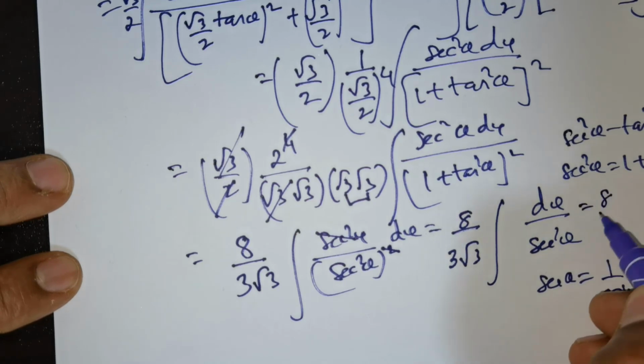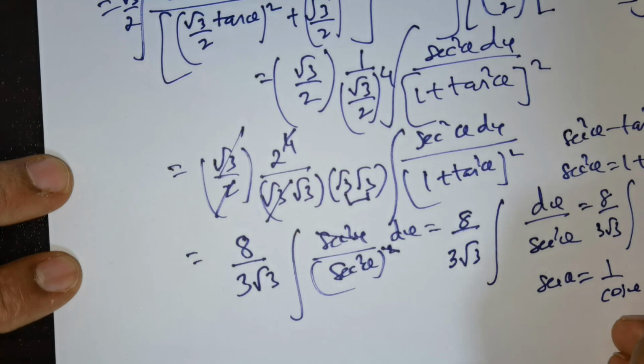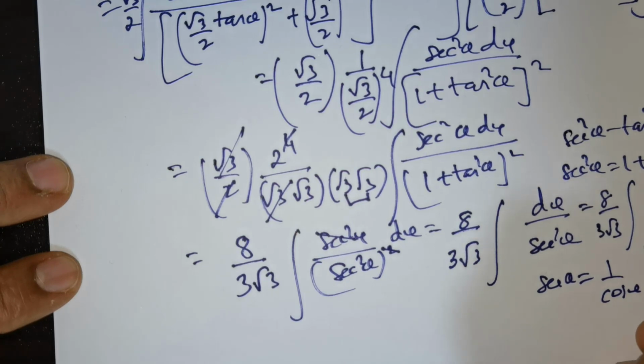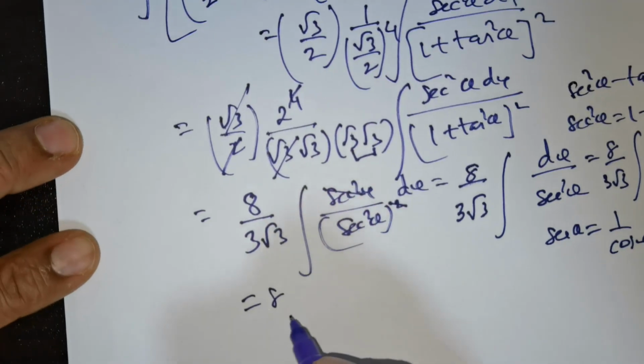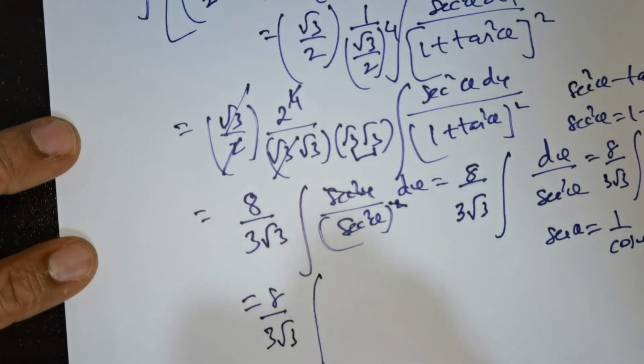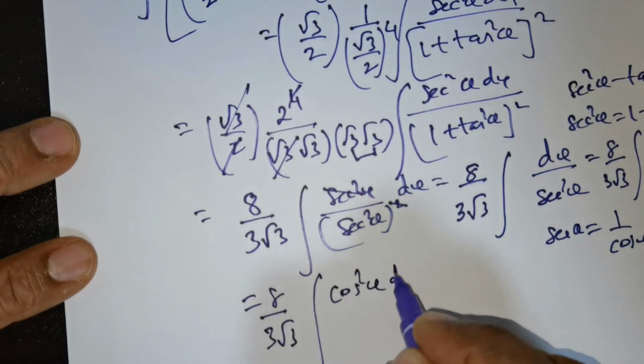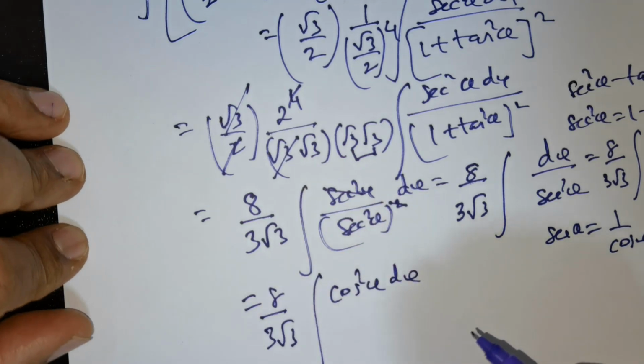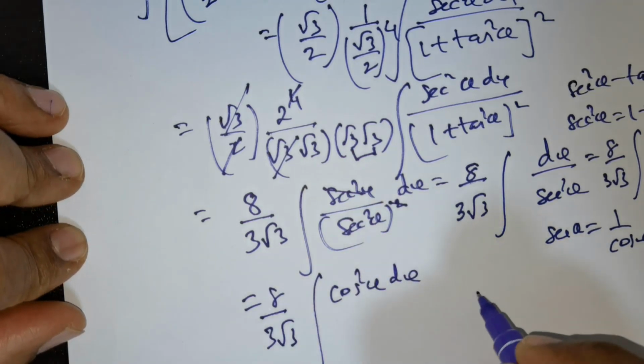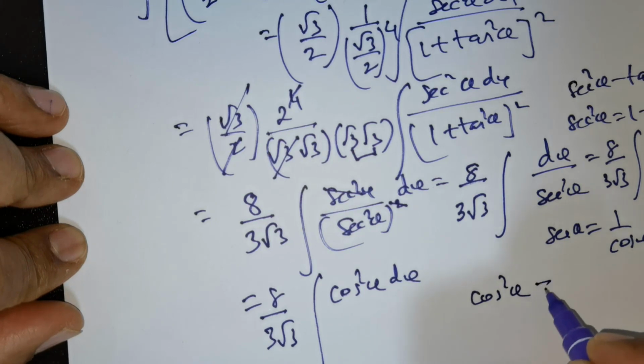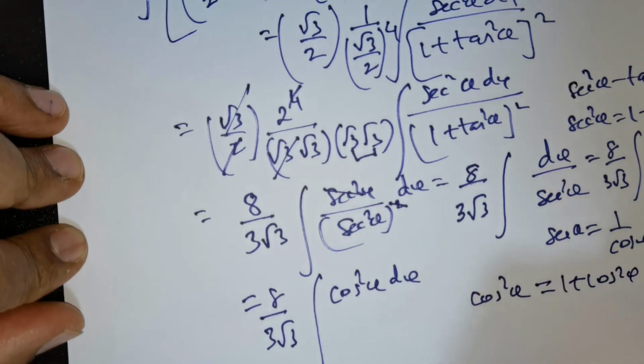So if I were to substitute, I get 8 over 3 times root of 3 integral d theta divided by 1 over cos square theta. You flip it, this is going to give you 8 over 3 into root 3 times cos square theta times d theta.